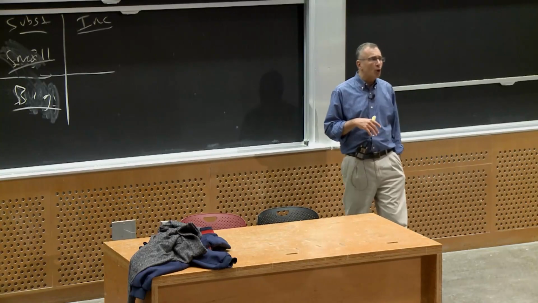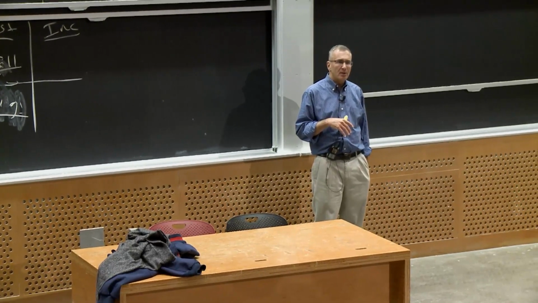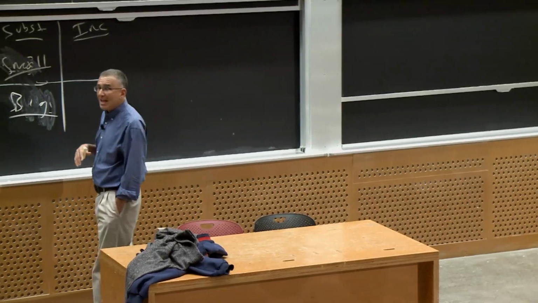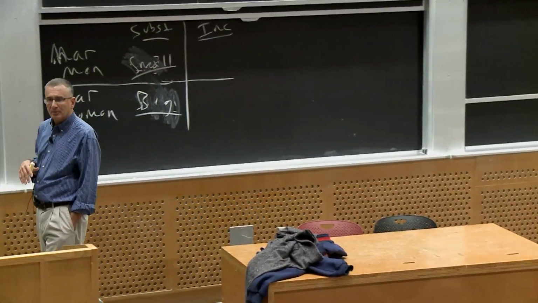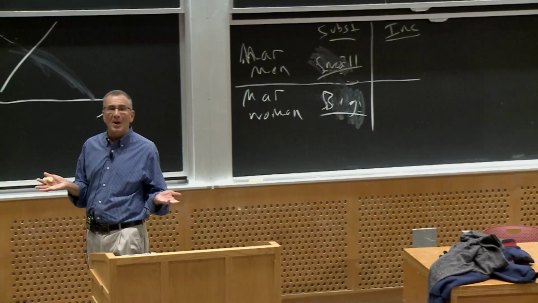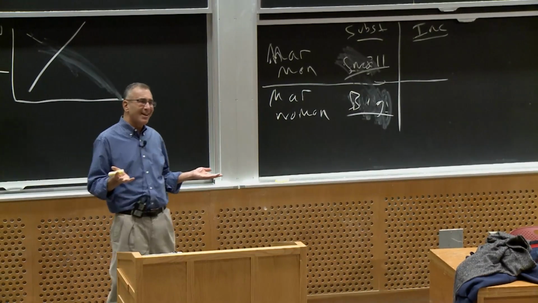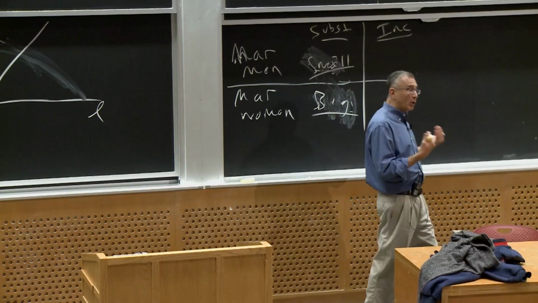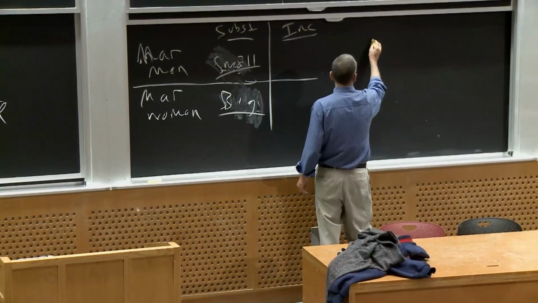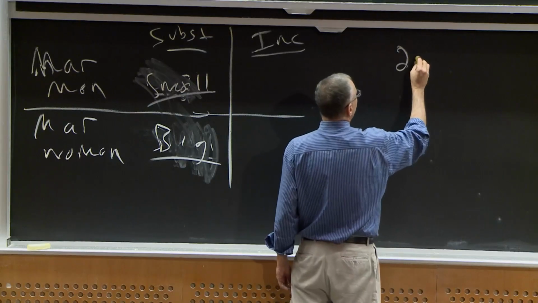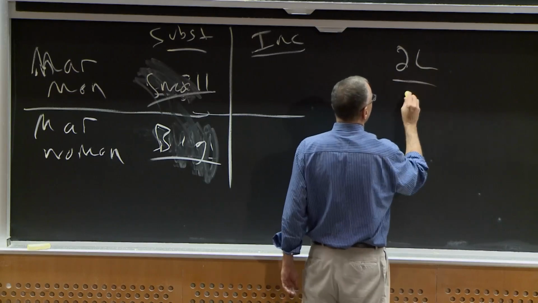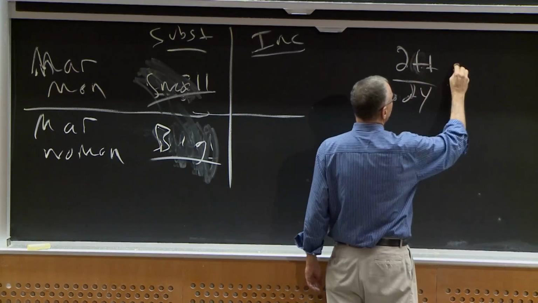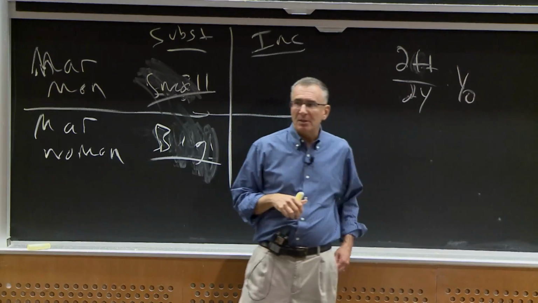If you are not working, then there's no income effect, because my income doesn't change when the wage goes up, right? So my income changes more the more I'm working. So the income effect is really, technically, it's measured as DL, or DH, dy, times Y0, times your initial income.